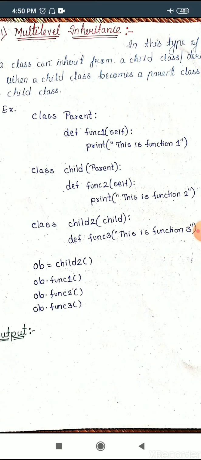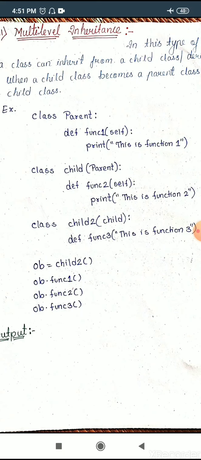Here I have declared one class with the name parent. Def function 1 self, and I have just printed a message in it. Then I have derived another class from the parent class: class child, and in brackets I have written parent. That means I have derived this child class from the parent class. Again I have defined a method with the name function 2, and printed the message, this is function 2.